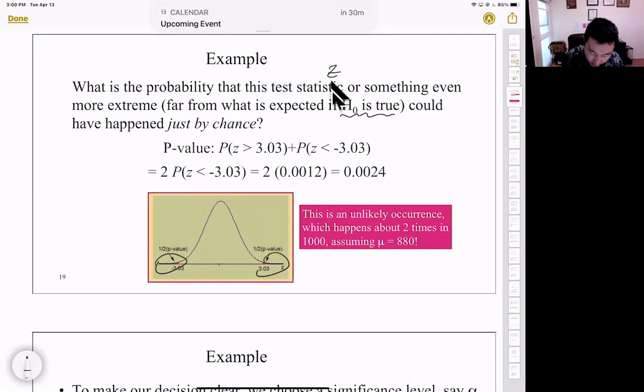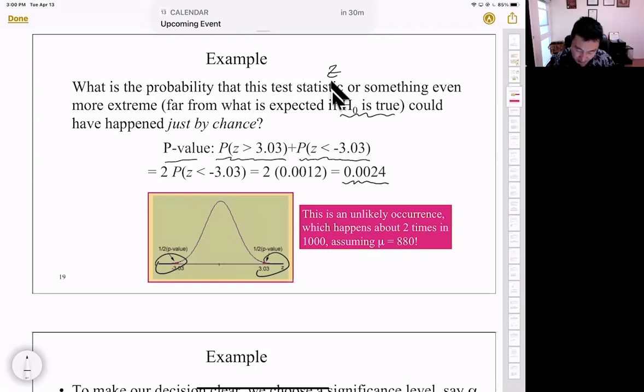So the p-value is equal to the probability for Z larger than 3.03 plus the probability for Z less than minus 3.03. Based on table 8.3, the Z table, the p-value is very small.